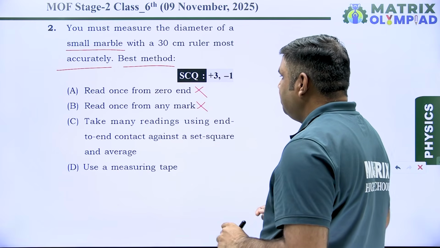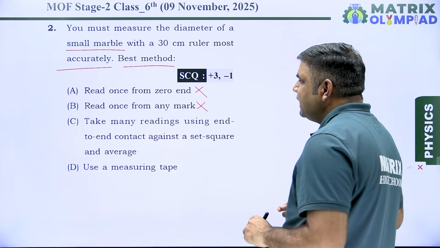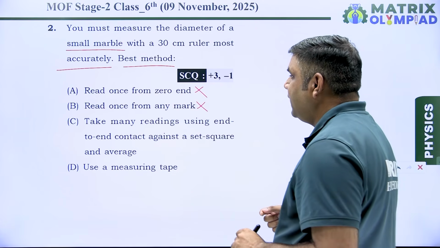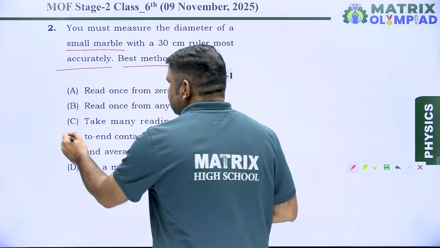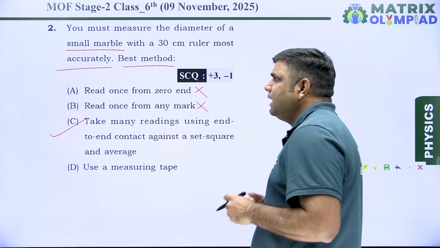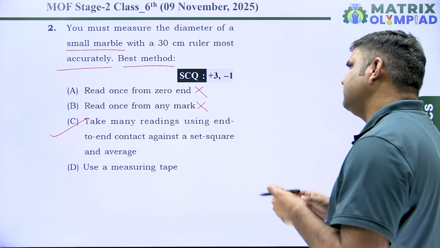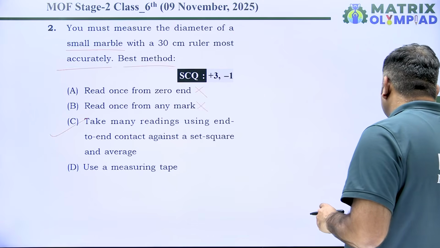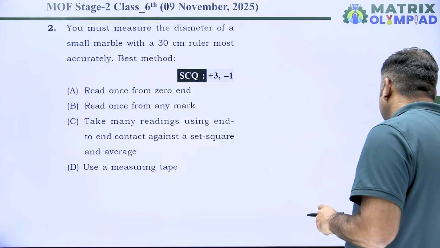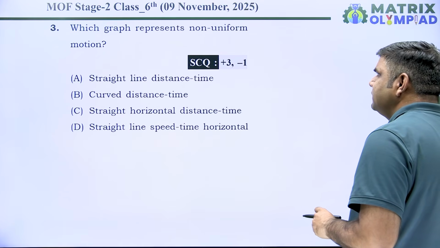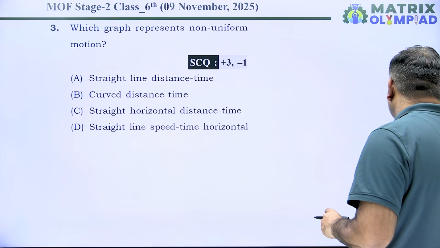Option C, take many readings using end-to-end contact against a set square and average. Yes, this will be the correct and accurate method to find the diameter of a small marble. So our correct answer will be option C. Let's move to the next question, that is question number 3.